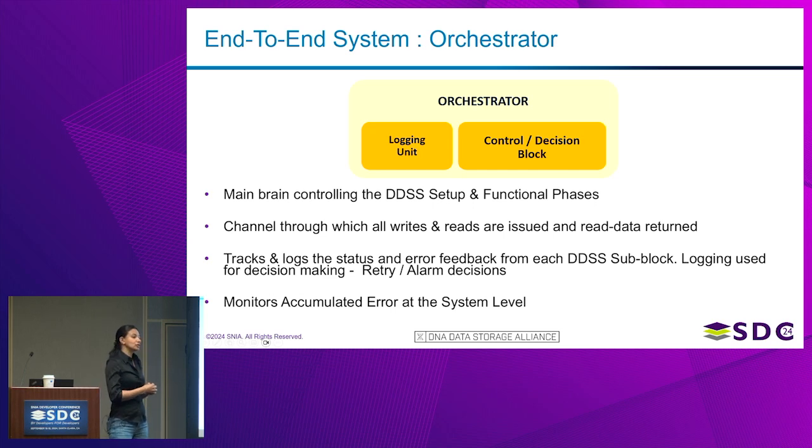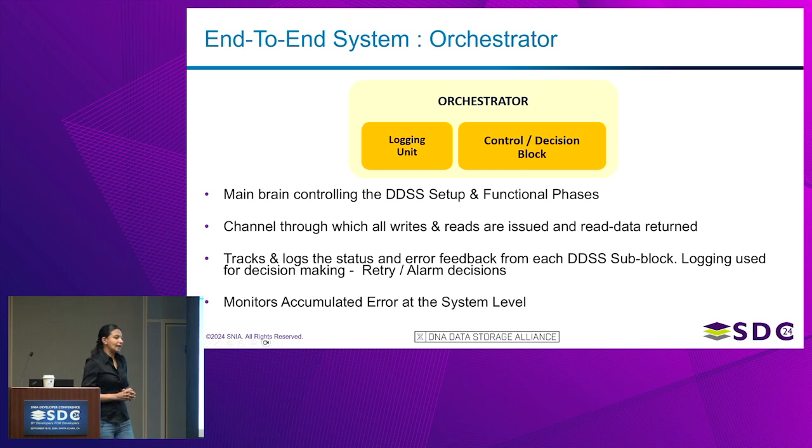That helps the orchestrator in decision-making of alarms, any kind of major errors, any kind of retry signals, which essentially means the orchestrator is able to see when any part of the entire pipeline has faltered or has an error more than expected and there needs to be a correction.